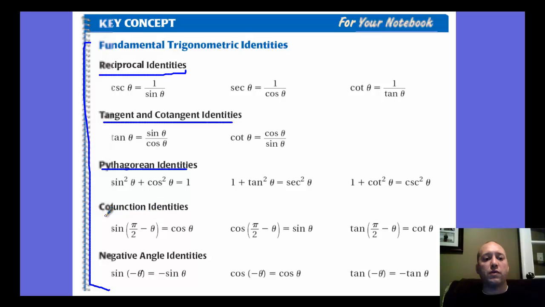The next two we've not discussed yet, the cofunction identities, where sine of pi halves minus theta is equal to cosine theta. And that comes from where if I look at a right triangle, the other two angles have to add to 90 degrees, so they equal pi halves.